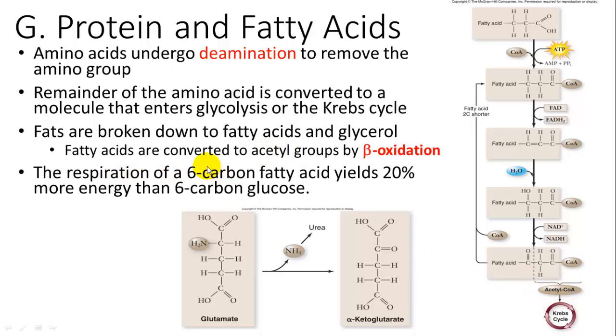So the respiration of a 6-carbon fatty acid yields 20% more energy than a 6-carbon glucose. So it is actually more efficient to store energy as a fatty acid because there's more energy yielding the use of fatty acid than in storing glucose.